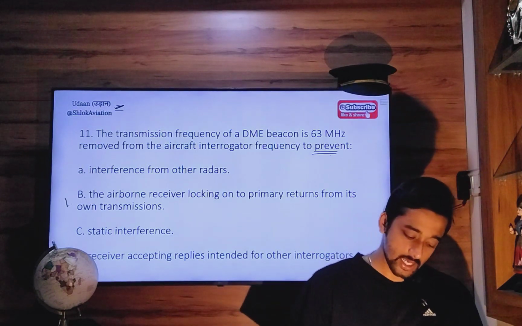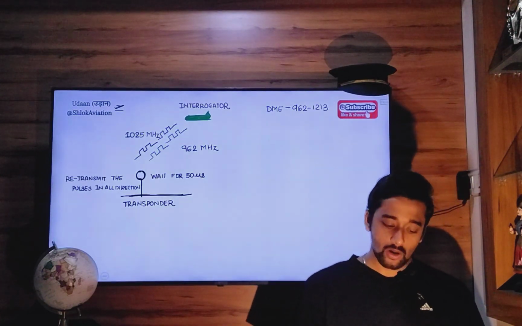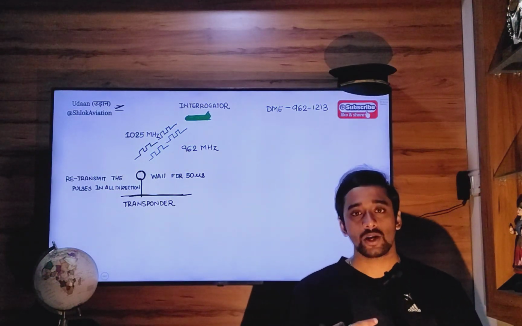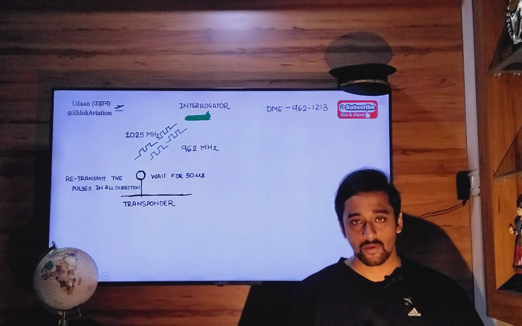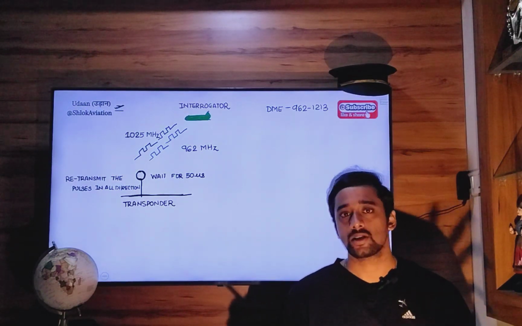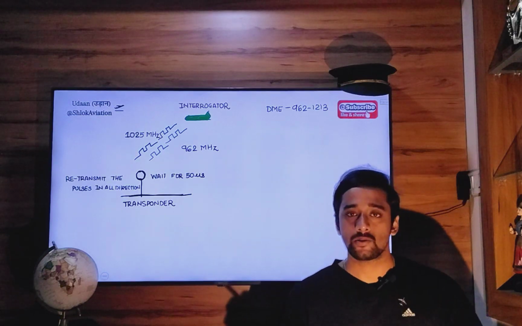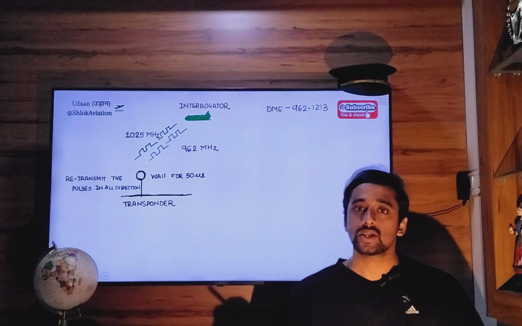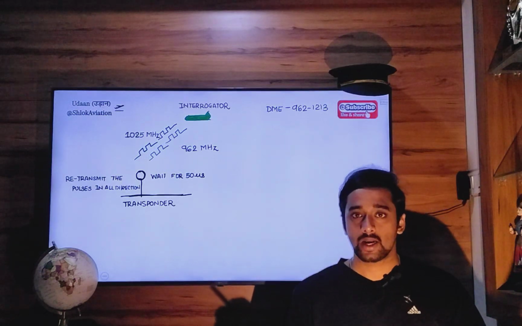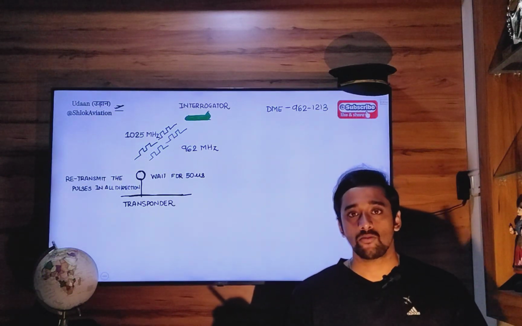So the correct answer is option Bravo. When DME is based on secondary radar principle, it operates on two different frequencies, right? So if there is any reflection coming from the ground surface, or any building or object around the DME ground station, these reflections will be rejected by the interrogator or the DME receiver on board your aircraft.